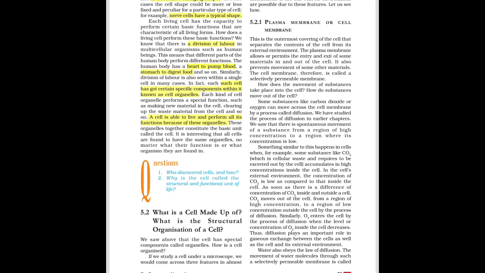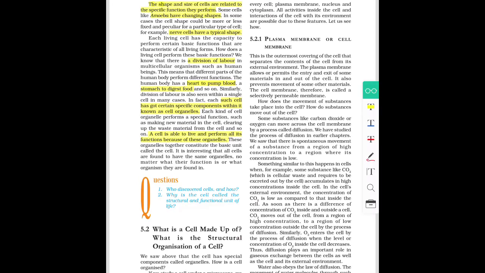We saw above that the cell has special components called organelles. How is a cell organized? If we study a cell under a microscope, we would come across three features in almost all the cells. Which are the three features? They are plasma membrane, nucleus and cytoplasm.